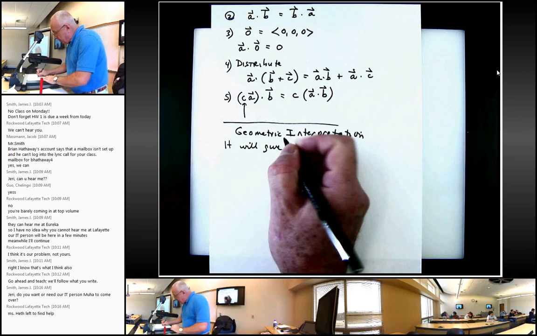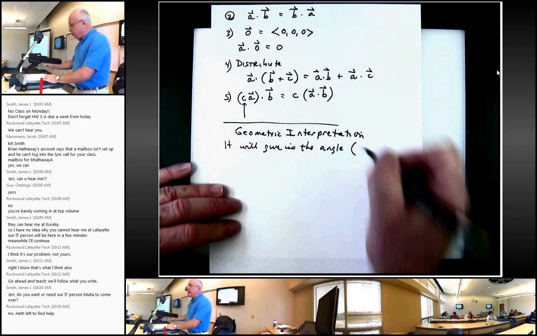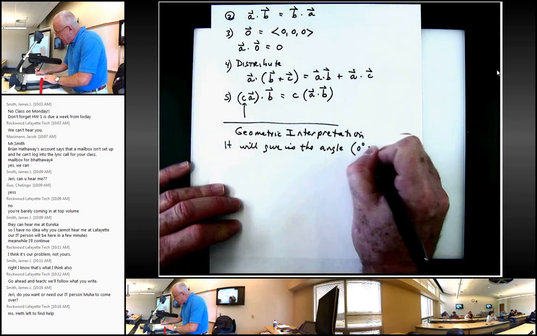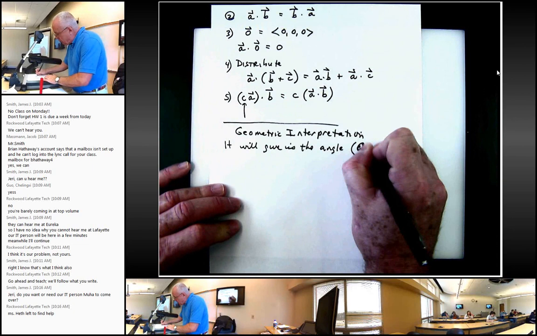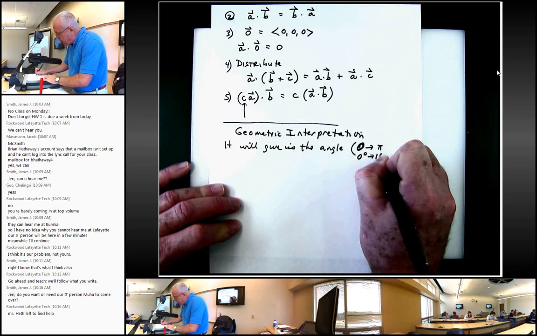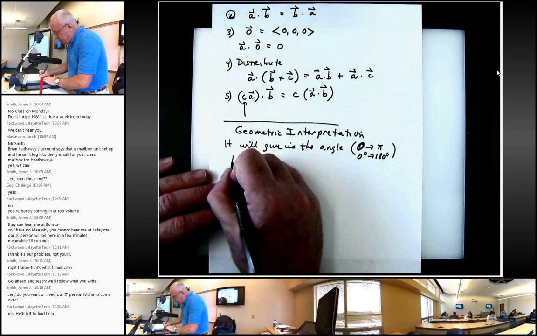Now, we're talking about the angle between 0 and pi, or 0 degrees to 180 degrees, between two vectors.